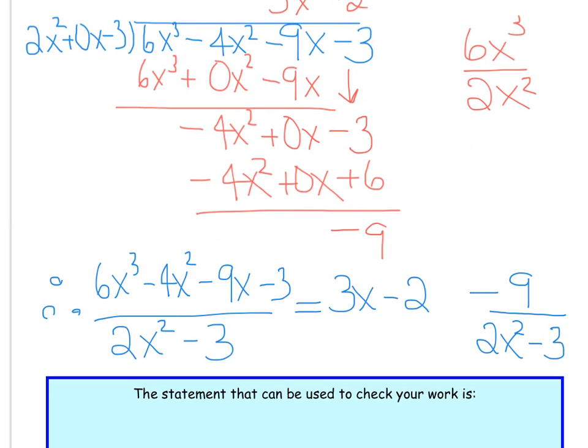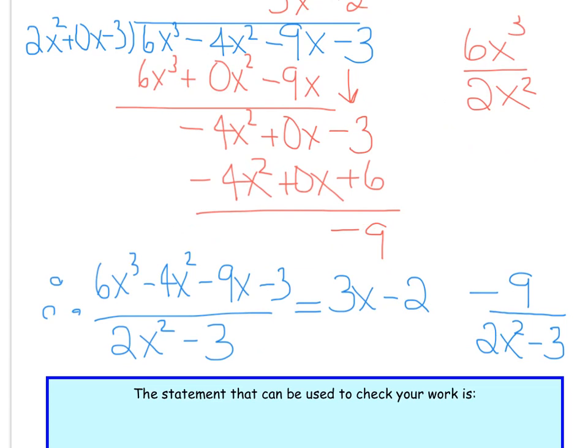The reason the remainder has to be over the divisor is because you would have started by now taking the remainder and dividing it by that. It hadn't actually been divided yet. Okay, now this is what is called expressing our answer in quotient form.